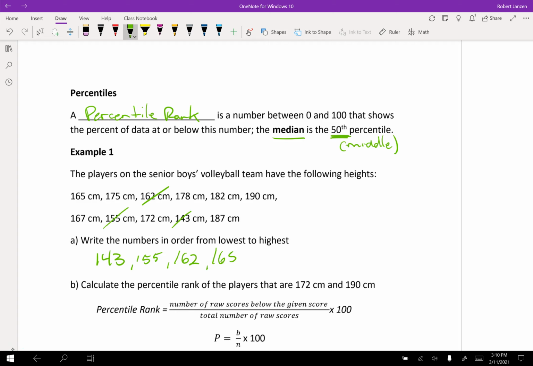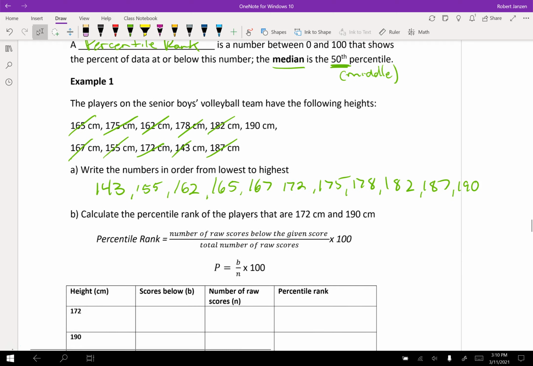Then 165, then 167. Next we'll have 172, 175, 178, 182, 187, and 190. So there they are, lowest to highest.